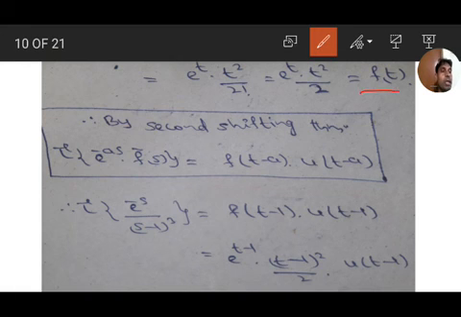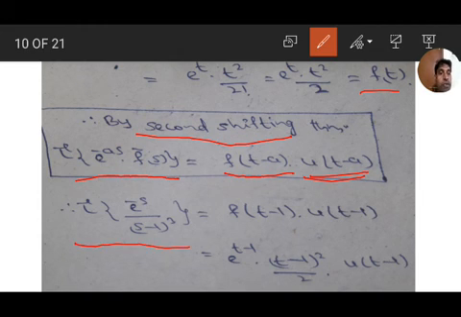By the second shifting theorem, L inverse of e to the power of minus as into f bar s equal to f of t minus a into u of t minus a, and a equal to 1 here. Therefore L inverse of e to the power of minus s into 1 by s minus 1 whole cube, with a equal to 1, we get f of t minus 1 into u of t minus 1.